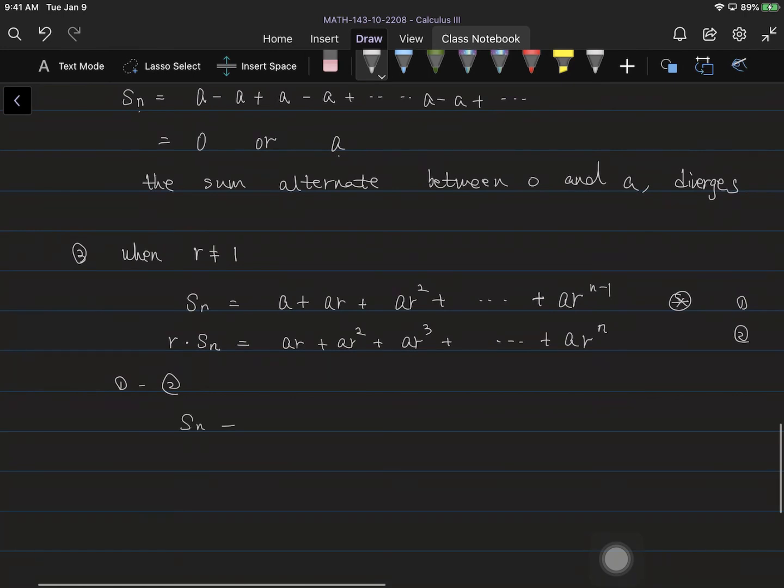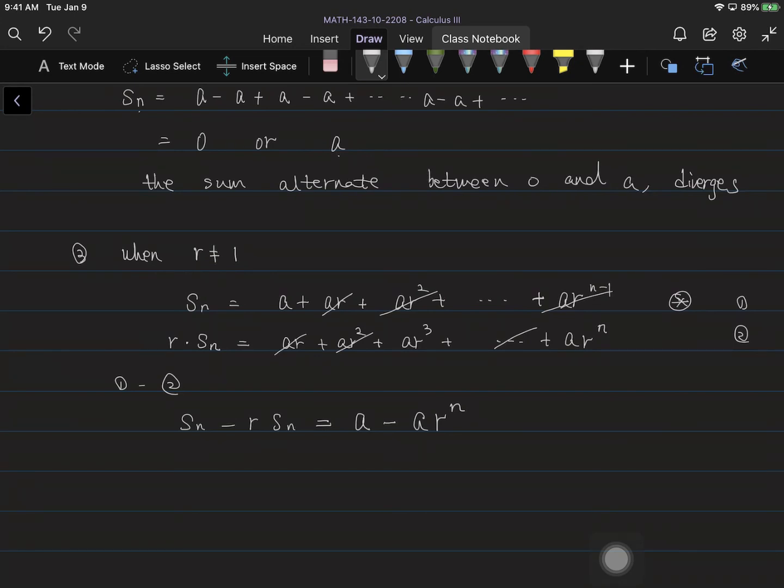That means Sn minus rSn equals what? The left side equals this. Right side, let's see. ar minus ar cancels out. ar squared minus ar squared, they all cancel out, right? And this cancels out with the term in front of it. So on the right side, what's left? a minus ar to the n. Okay, that's the right side.